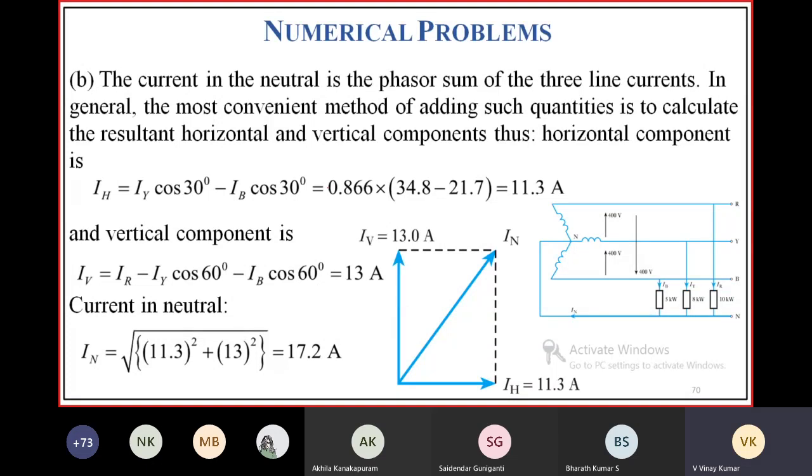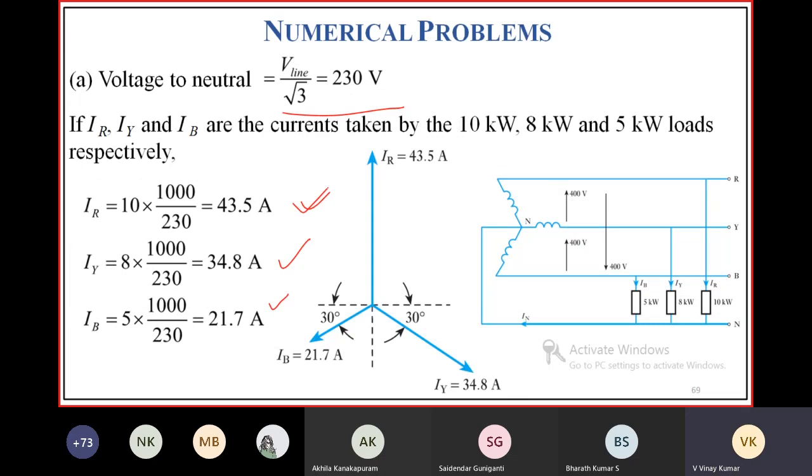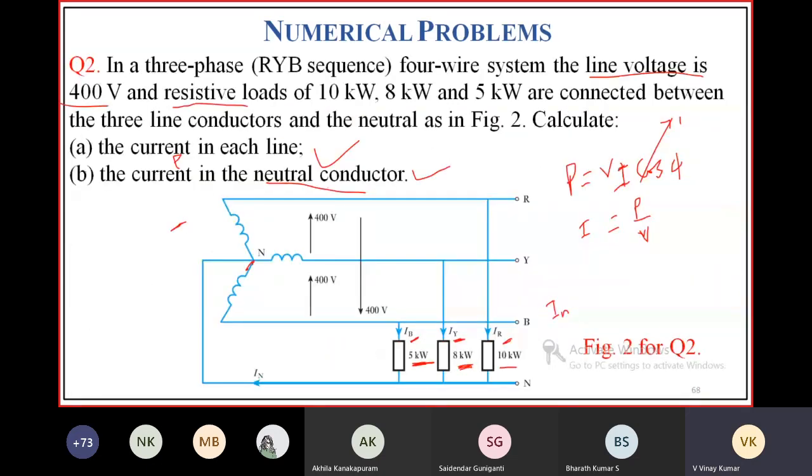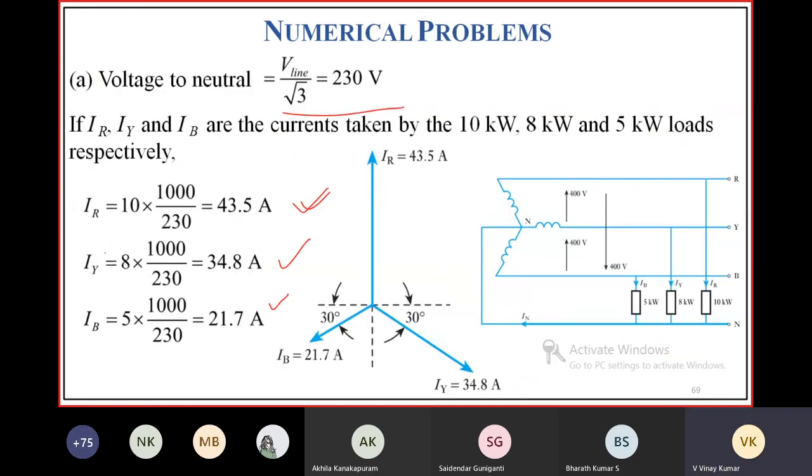Instead of solving like this, you can solve by using a phasor diagram. IB is equal to 43.5 at an angle 0 degrees.